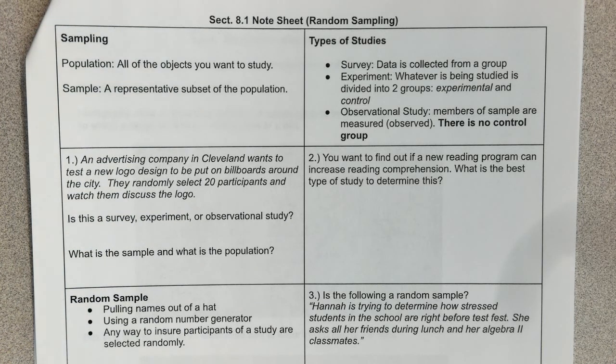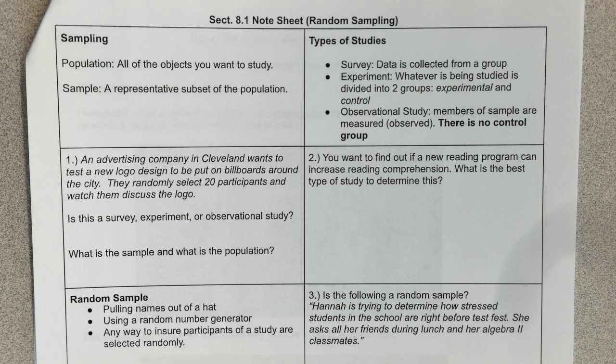So if you're trying to test a drug's effectiveness, for example, you might give the drug to a group of people and not give the drug to another group and see how they compare in terms of whether the drug helps or hurts or doesn't do anything. Sometimes you give the control group a placebo, which is a drug that intentionally doesn't do anything, to negate the placebo effect.